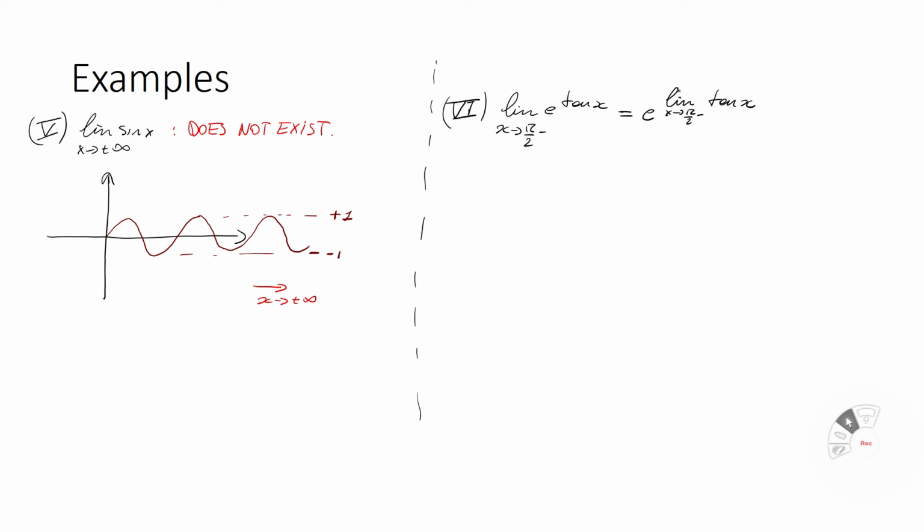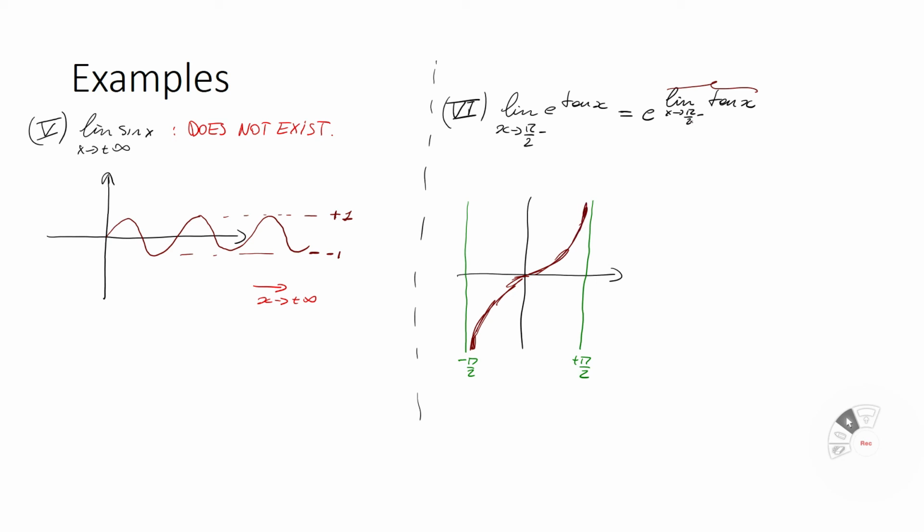Let's have a look at what this value then becomes, and in order to do that, let's graph the tan function. So we know it has vertical asymptotes at minus pi over 2 and plus pi over 2, and in between those asymptotes it looks like this.